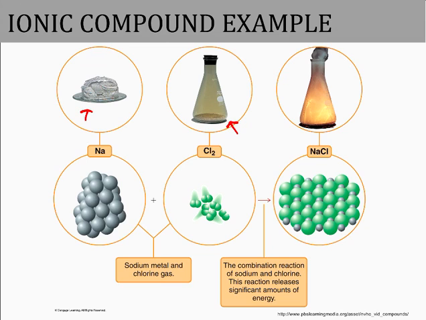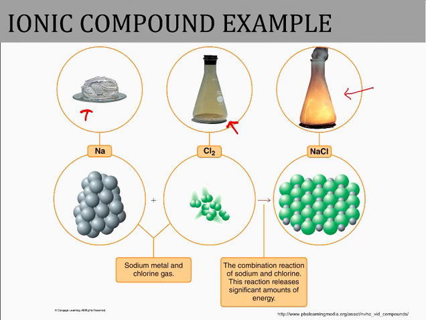So if we mix these two together, this is actually a very exothermic reaction, which means it gives off a lot of heat. So you can kind of see that over here. And I think I showed you an example of this reaction on that Theodore Gray app as well. So it's pretty explosive.